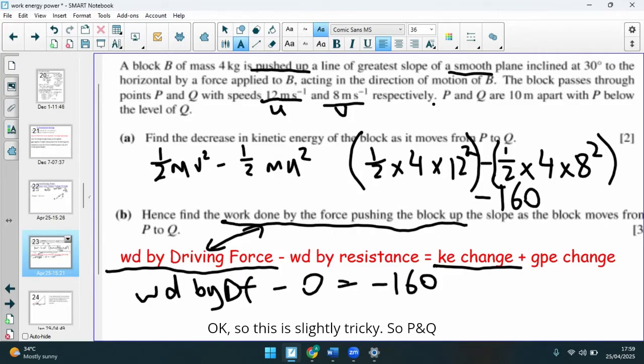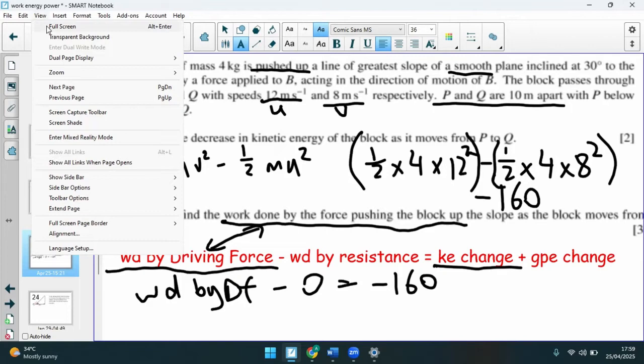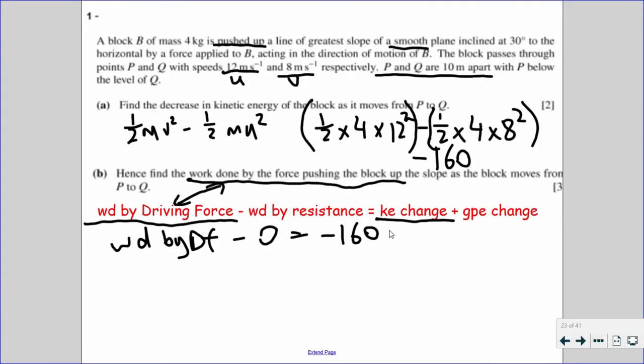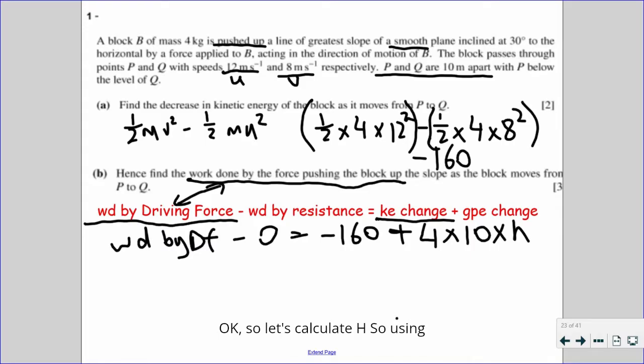Okay, so this is slightly tricky. So P and Q are 10 meters apart. What does that mean? Okay, let's just write this here. Now, GPE change is m times g times h. So m is 4, g is 10, h we don't know. So let's calculate h.